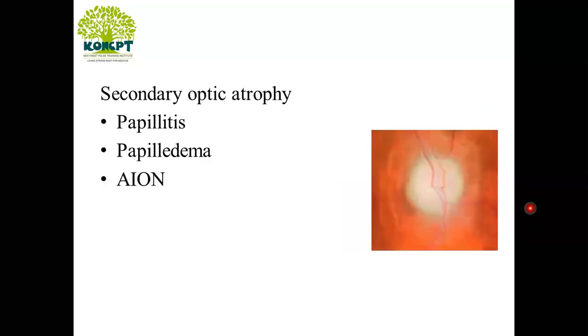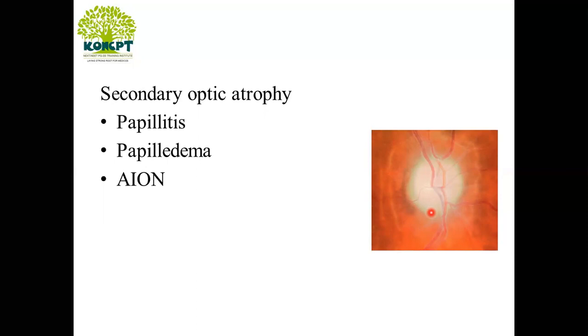Coming to secondary optic atrophy, which is the answer in our question. Here, the optic disc is grayish white or dirty white in color, the arteries are very much thinned or attenuated, and there are ill-defined margins due to gliosis. Usually in secondary optic atrophy, there is preceding optic disc edema, which can be due to papillitis or papilledema.